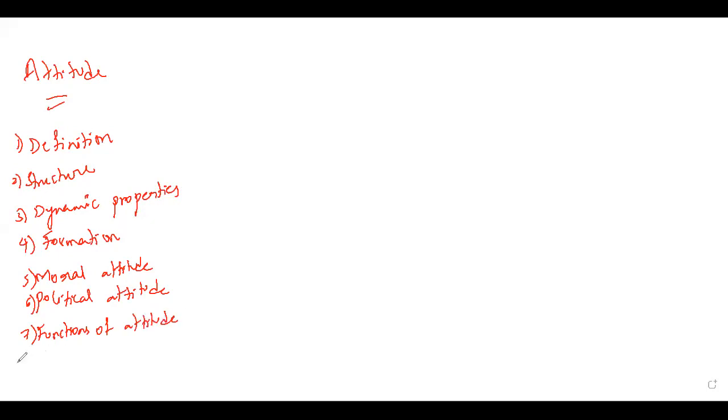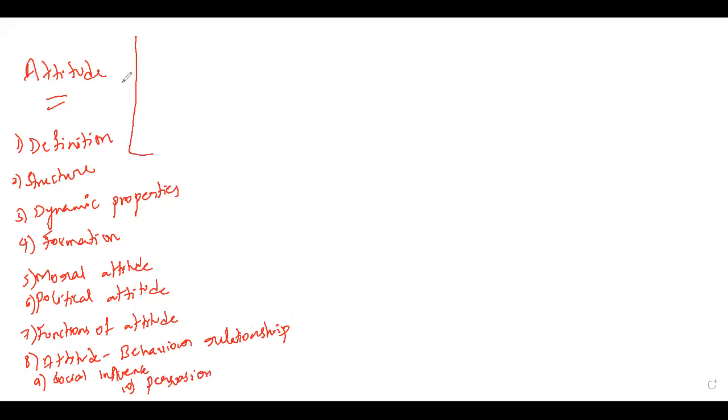We are supposed to answer all these things. And attitude and behavioral relationship, social influence. Last is persuasion. Fine. Within 20 to 30 minutes, we are going to discuss this and solve the answers. That is the agenda of this day.